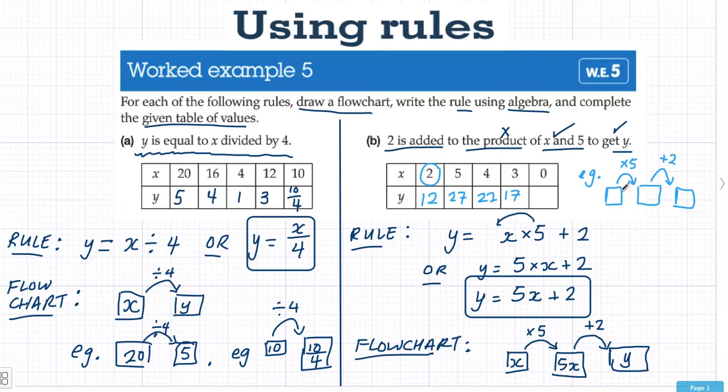When we put 0 in our little box for x, we've got 0. 0 times 5 is still 0. Plus 2, 0 plus 2 is 2. So the flowchart really helps you to be able to see what's going on with a rule. So I guess for me the most important thing really is putting together your flowchart just so you can see the steps that you're doing each time to go from x to y.